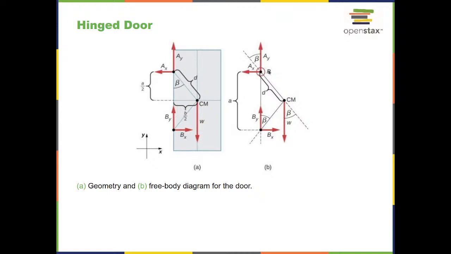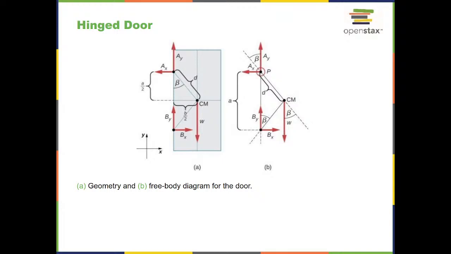And so in this case we can put the pivot at point A or point B. That would be the easiest because AX, AY and BX, BY are the unknowns here. I wouldn't put the pivot at the center of mass because then we're not gaining anything, right? Then we don't gain as much because we know the weight, so we can actually calculate the torque there easily. It's the torque in point A or point B that is going to be convenient.